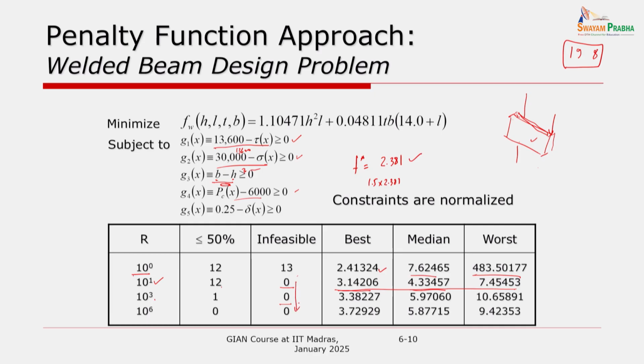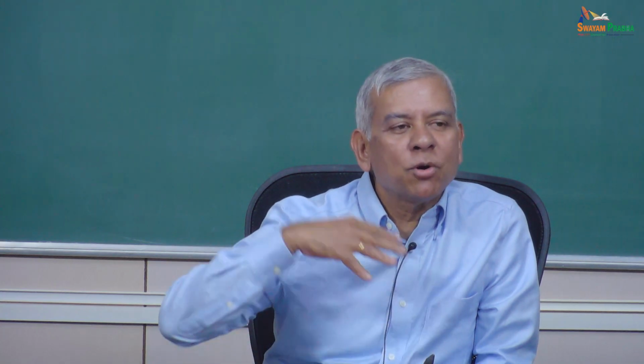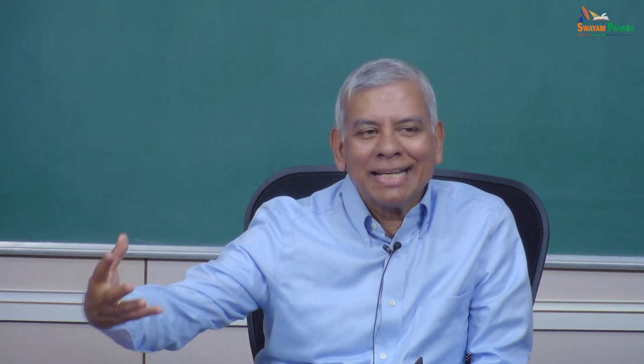So from here on, I'm giving more importance to constraint satisfaction by increasing this R. That's not a problem, but I'm going away from the minima because I'm now giving more importance to constraint satisfaction, and less importance to minimizing F, because it's all in one equation.